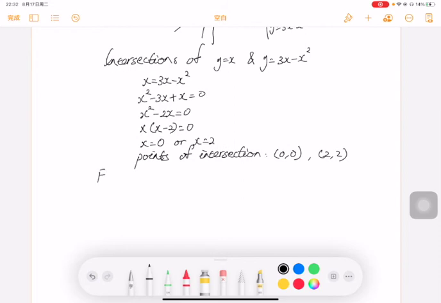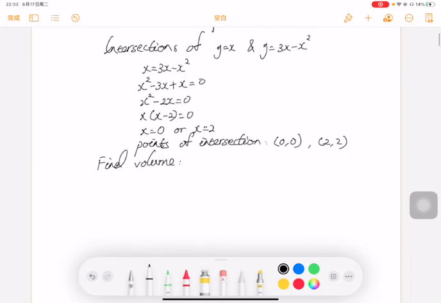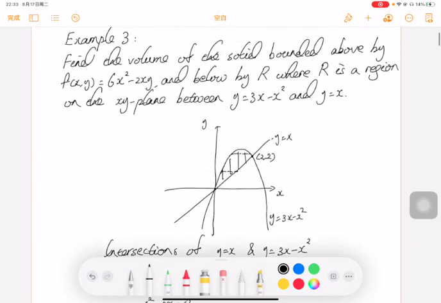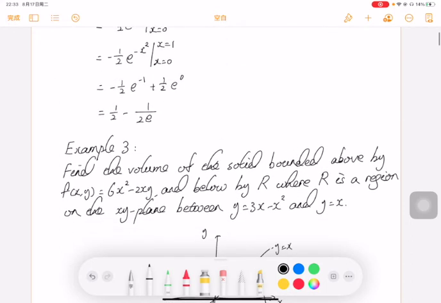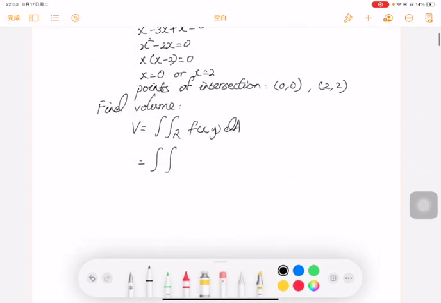So this third step is find volume. Let me first write R, f of x, y, dA. And f of x, y is 6x squared minus 2xy.